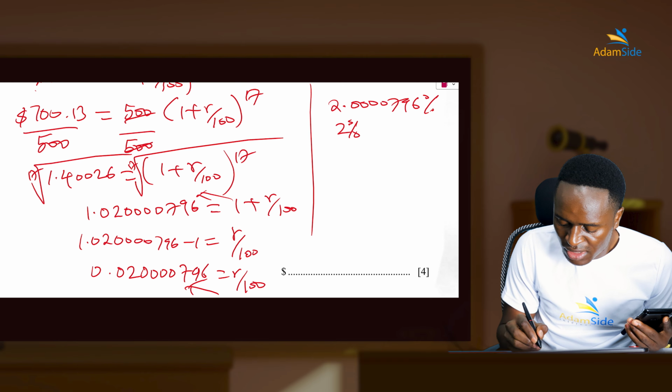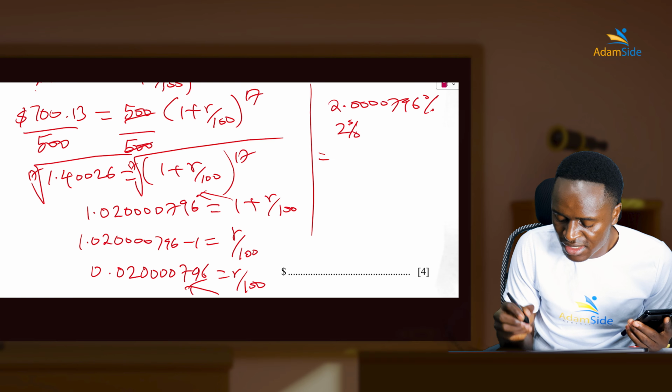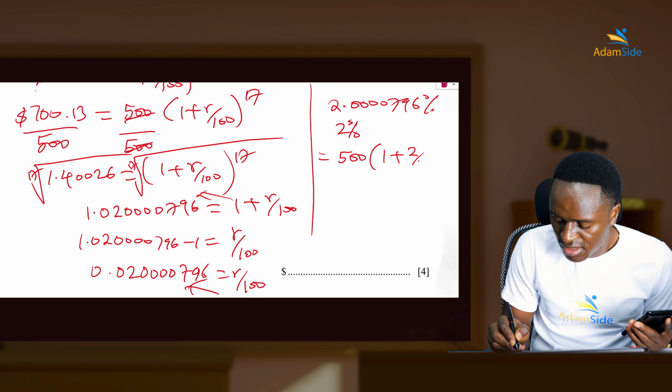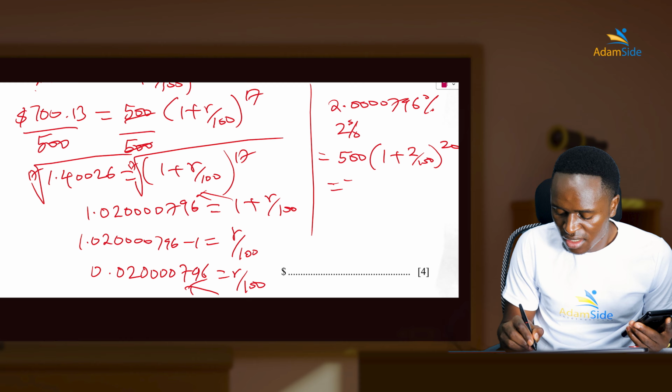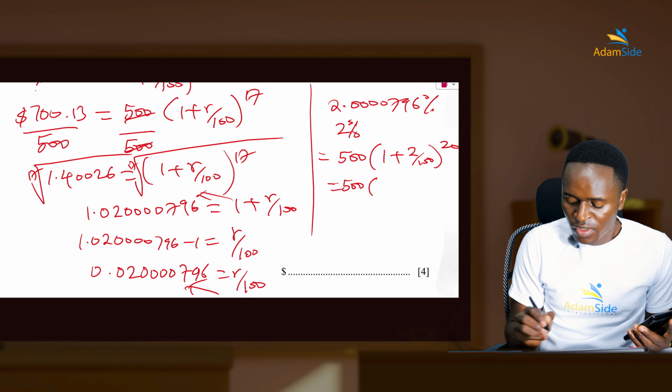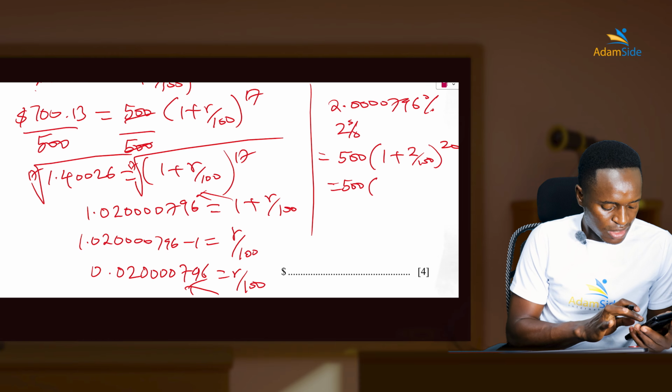Now use this to get the value of the investment after 20 years. So we'll say 500 into 1 plus r, which is 2%, power 20. So you get your answer. So you say it is 500 into 2 divided by 100, plus 1. You get 1.02 power 20.